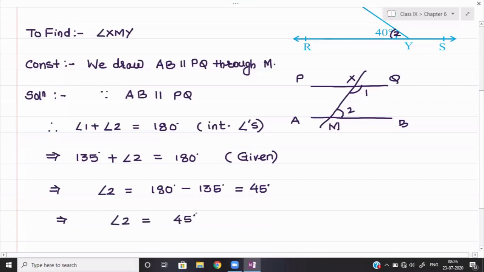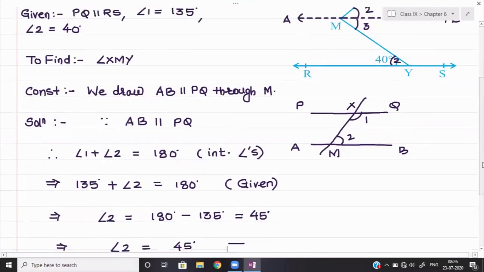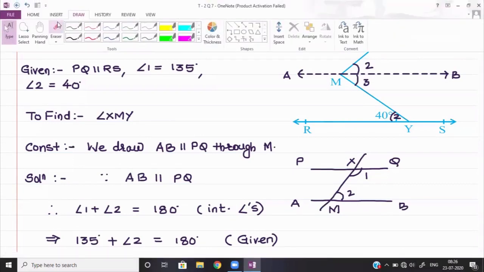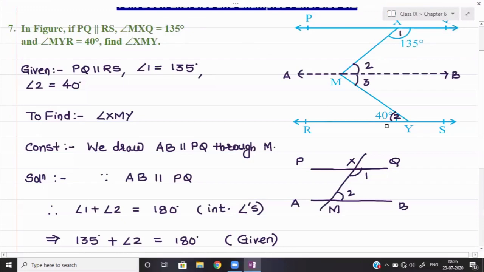Now I will find out the value of the angle. I think I wrote wrong here. Angle 2 actually I have given 2 times here. So we'll do one thing. The down angle I have given, we shall change, because angle 2 I have taken 2 times over here.